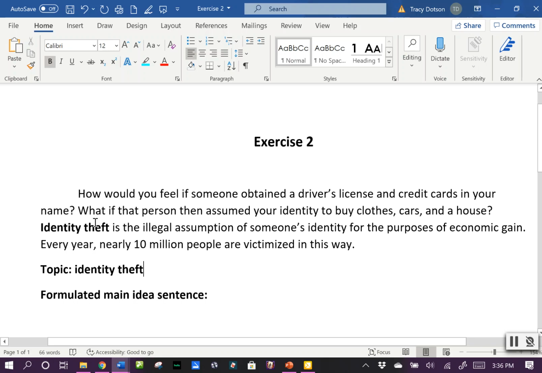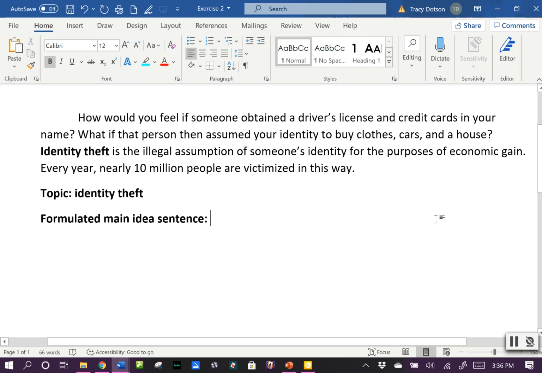It says, identity theft is the illegal assumption of someone's identity for the purposes of economic gain. Every year, nearly 10 million people are victimized in this way. In this case, we can combine these 2 sentences to create the full main idea of what the author's talking about.